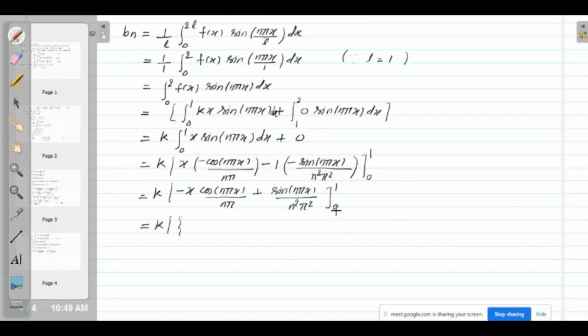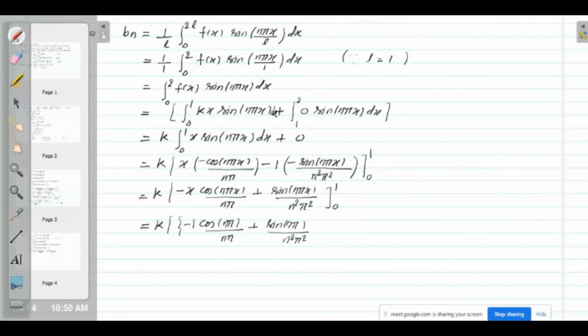Now just provide the upper limit and lower limit. The upper limit is 1, so this becomes minus 1, and cos, instead of x we put 1, so this becomes cos n pi by n pi, and plus sine n pi divided by n squared pi squared.